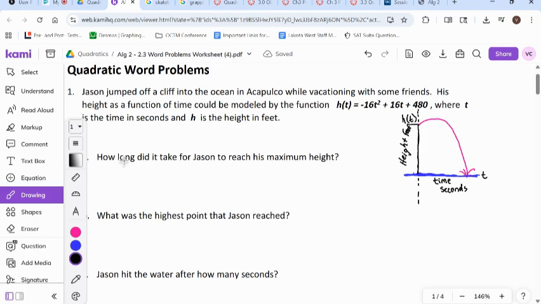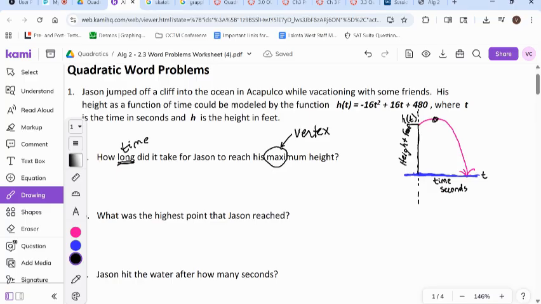So the first question: how long did it take for Jason to reach his maximum height? As soon as I see that word max, I'm thinking the very top of my graph. And the very top of this graph, the max, that's our vertex. So I know I'm going to be finding the vertex. However, how long did it take is not the entire vertex. How long? That's the time.